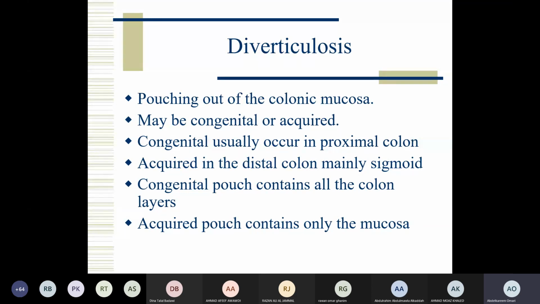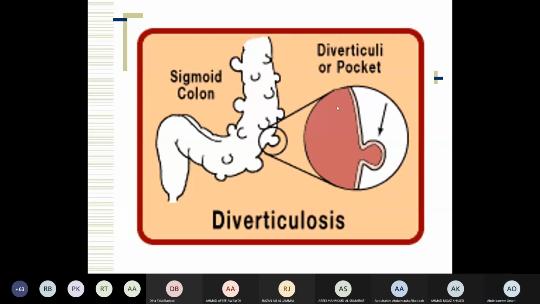You know the colon is composed of a mucosa from inside, and we have 2 layers of muscles. One is the circular, and the outer layer of muscles is the longitudinal muscles. This actually stands true for all the intestine, from the duodenum down to the rectum.